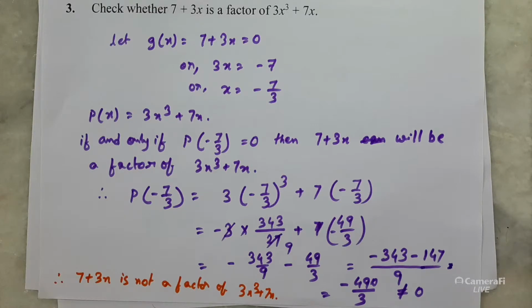If the remainder was 0, then you could say that 7 plus 3x will be a factor of 3x cube plus 7x. Okay. So this is the thing.